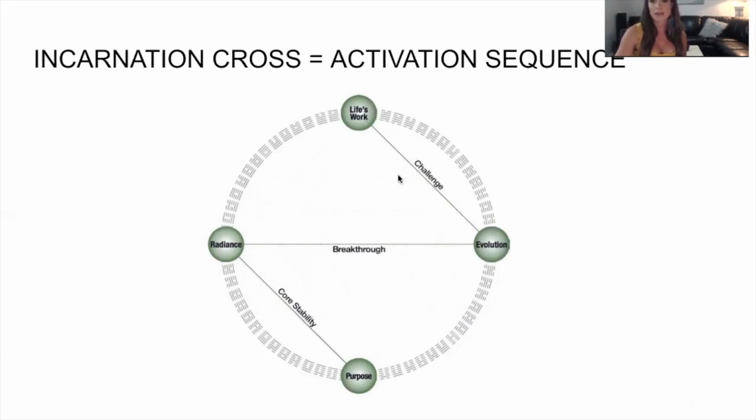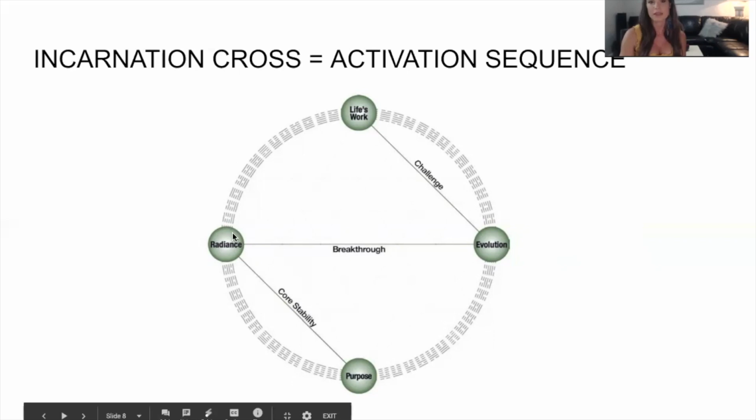So what we want to become aware of is what that challenge is, depending on our key, of course, and our line. Today we're going to focus on the line more than anything. And then as we can start unlocking that, we're going to break through. We're going to tap into the genius of our soul, which comes from the placement of the sun 3 months before we were born, and the earth 3 months before we were born. And that's also the kind of core stability. It's when we become grounded in our body.